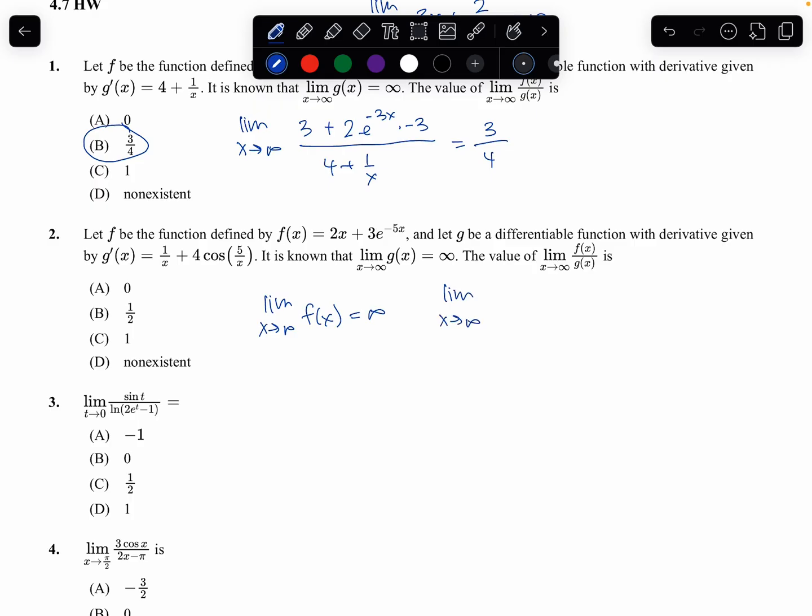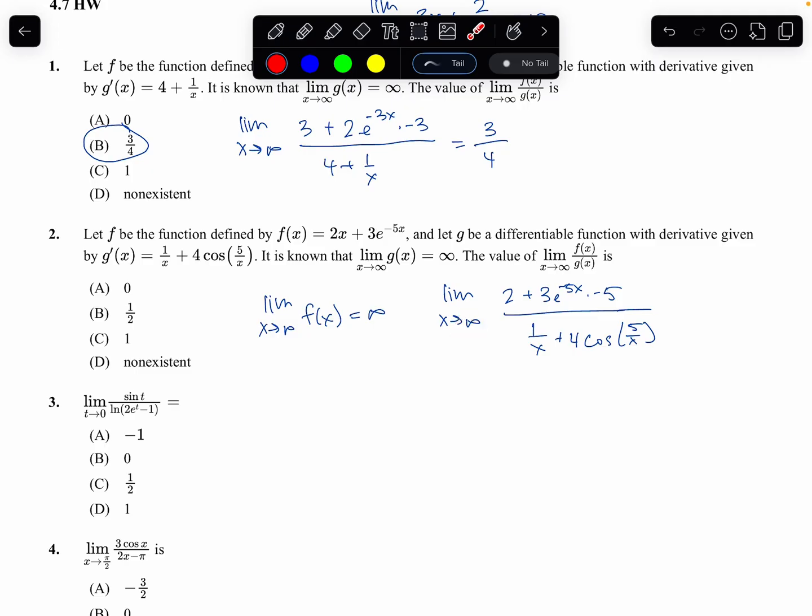The limit as x approaches infinity of the derivative of f of x, so f prime, is going to be 2 plus 3e to the negative 5x times negative 5, all over 1 over x plus 4 cosine of 5 over x. And let's apply this limit here.